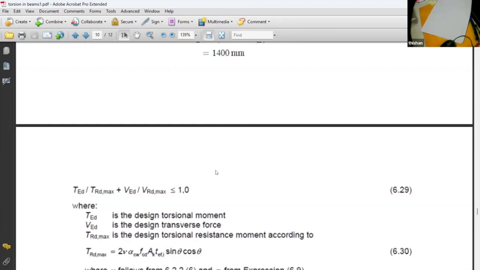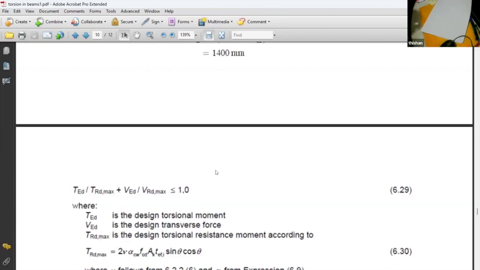For something to be torsionally large, it has to be something like 400 by 600, or 500 by 600, or 600 by 600. Those are large. But this particular section is not a large section as far as torsion is concerned. But for bending, it is a large section.